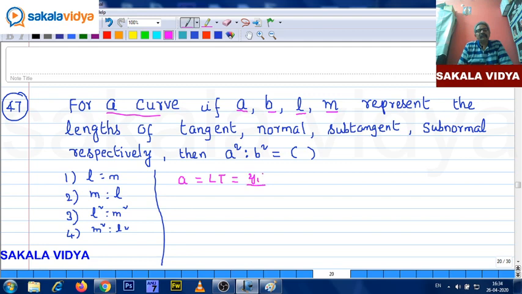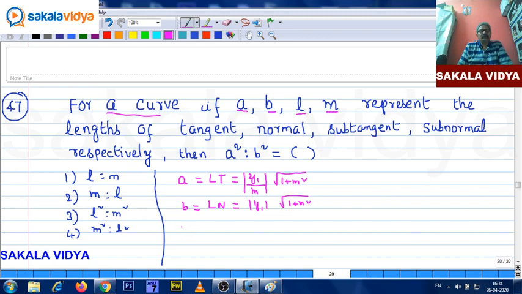Length of tangent is mod of y1 by m under root of 1 plus m square. B, length of the normal, is mod y1 root of 1 plus m square.